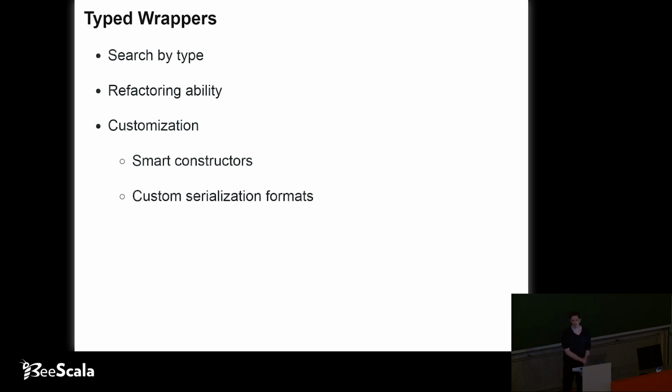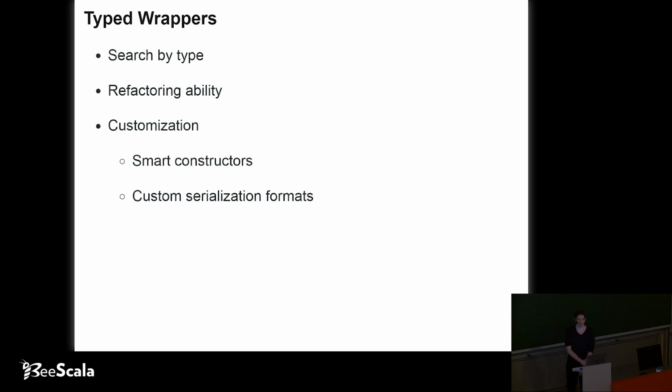Which is not possible with integers because they're all around and we can't just search for specific ones. We can also refactor more easily. So if you want to change the application ID from int to long or something, it's quite simple. We just change the type and see the compilation errors and track them down and fix them.